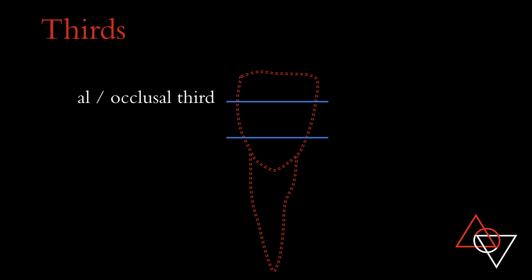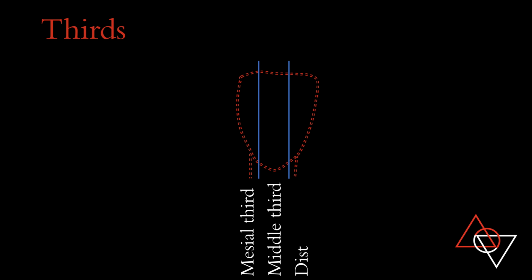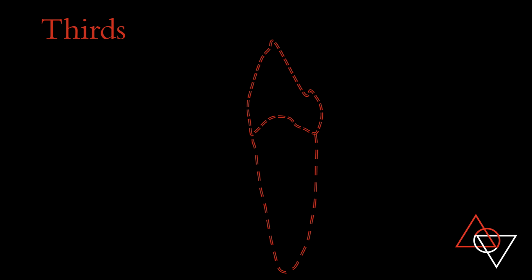Now, you can also divide the tooth into thirds vertically, and then you just have mesial third, middle third, and distal third. It's actually quite simple. Now, one more thing about the thirds.